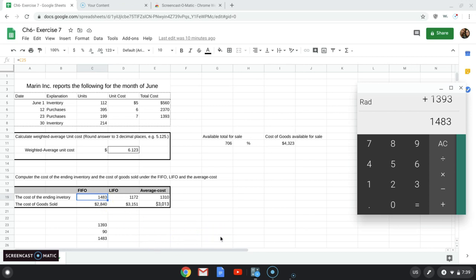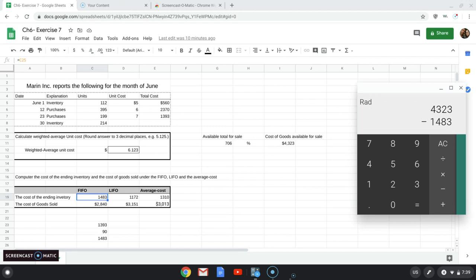Now for the second one, we're gonna go to the cost of goods sold on FIFO. How are we gonna find that? So I'm gonna copy this. We're gonna get our cost of goods available to sell, which is 4,323, minus the ending inventory that we just resolved.